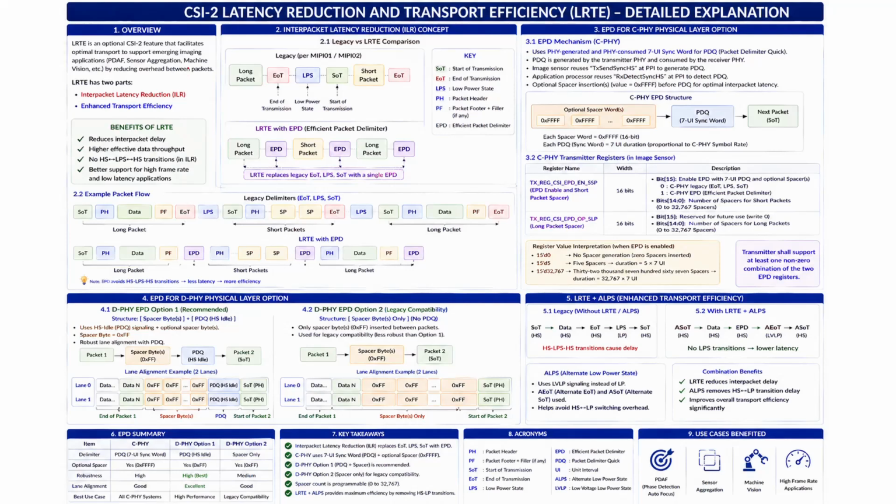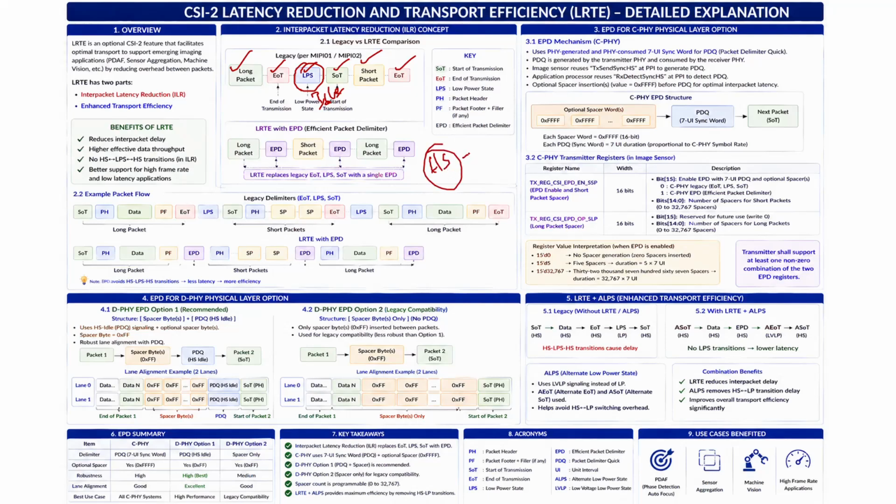See, you're transferring a long packet of information, and then end of transmission. After that, LPS state, and then start of transmission. Again, a short packet and then end of transmission. This LPS is the low power state, that is an idle state, not doing anything, right? So this LPS state will be reduced. While transferring the information, it is in high speed state.